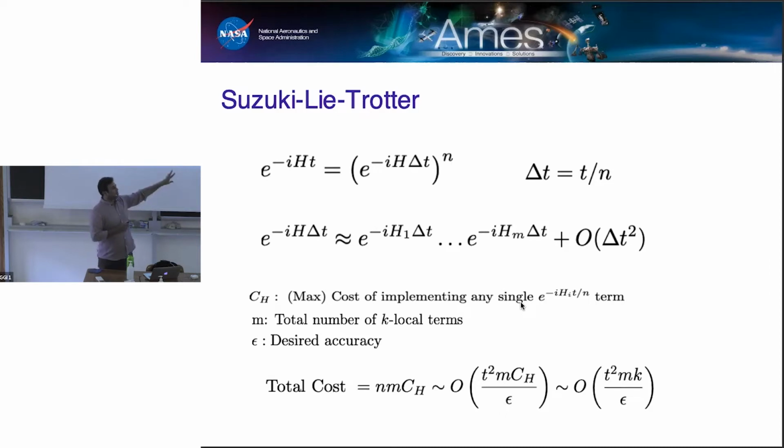But what I wanted to convince you of here is that no matter what Pauli operator you have, if you just wanted to exponentiate that Pauli operator, the cost is just going to scale as the locality of that operator.